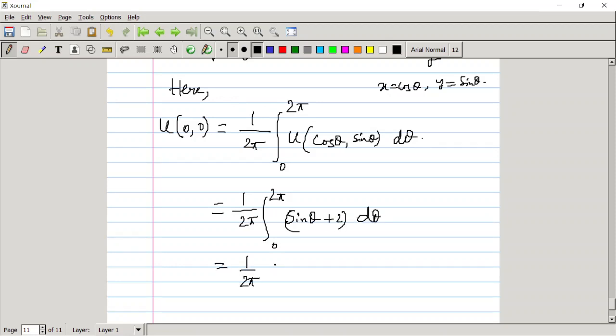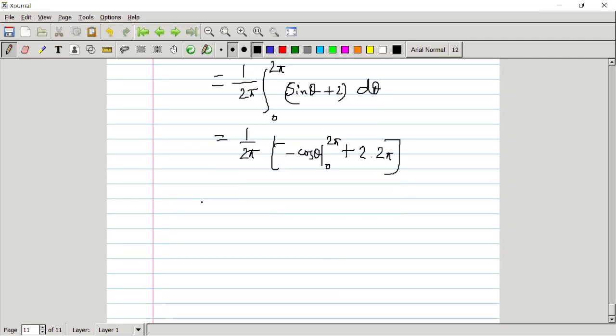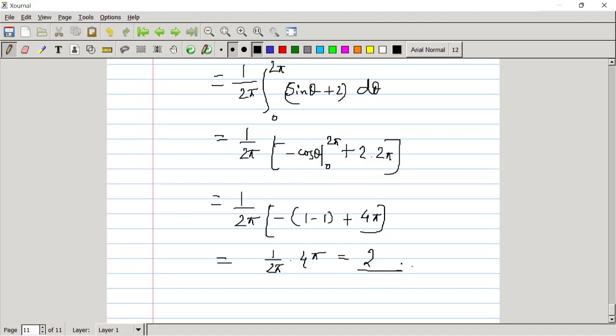The integration of sin theta is minus cos theta from 0 to 2 pi, and the integration of 2 is 2 times 2 pi. Cos of 2 pi is 1 and cos of 0 is also 1, so that part is 0, plus 4 pi. So 1 by 2 pi into 4 pi is equal to 2. This is my answer.